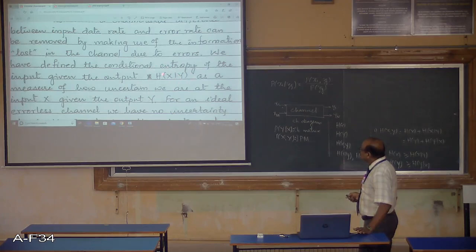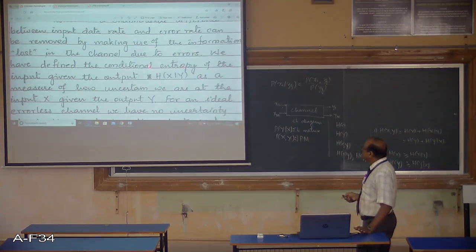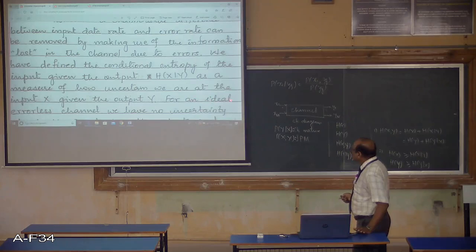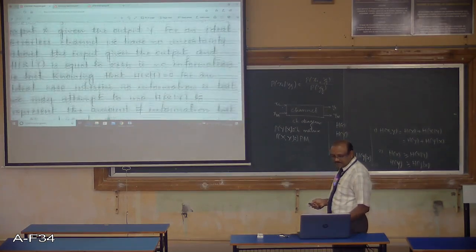This H(X|Y) can be used as a measure of how uncertain we are about the input given the output, that is, how much uncertainty is involved in reconstructing the information at the output. So for an ideal errorless channel, there is no uncertainty.